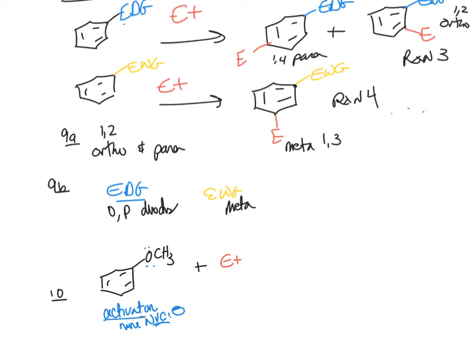Draw the 3 additional resonance forms for the cationic intermediate, the sigma complex, when the ortho product is formed. All right, so we are going to put our hydrogen here, our hydrogen there, and we will have this electron going here, and then we draw our sigma complex.